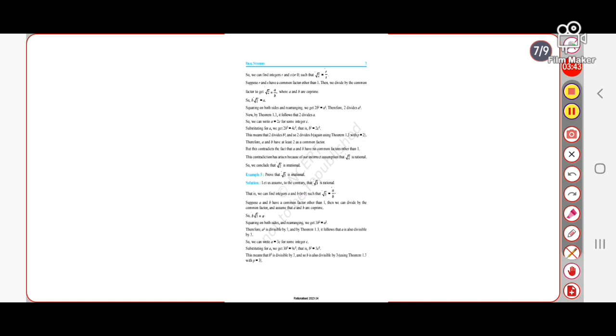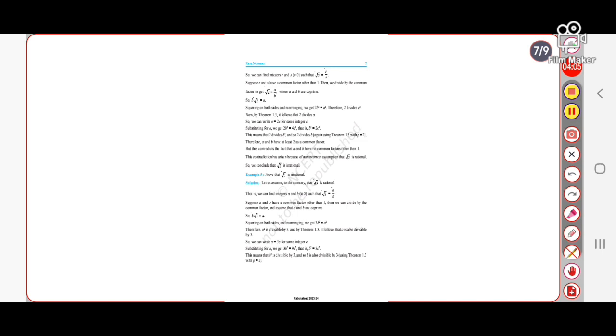These conditions you need to specify while writing your second step. We are representing the number in the form of p by q, where q is not equal to 0 and p and q are co-prime.